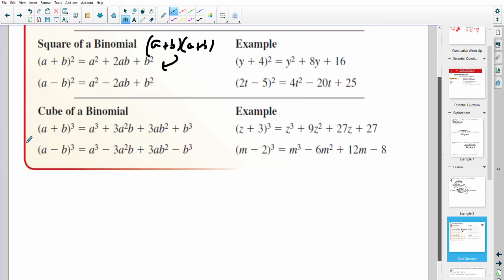These are the patterns that are new, and you basically have to be able to follow the pattern and substitute numbers into the pattern. So if you can identify your a and your b, you would put a and b in for the a and b, such as in this example. And if b were negative, again, negative b makes that negative.